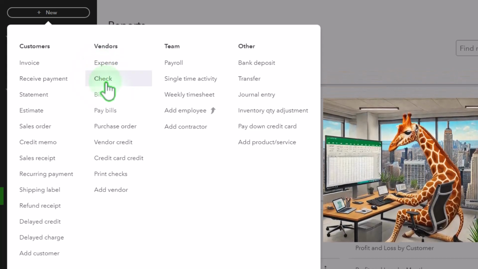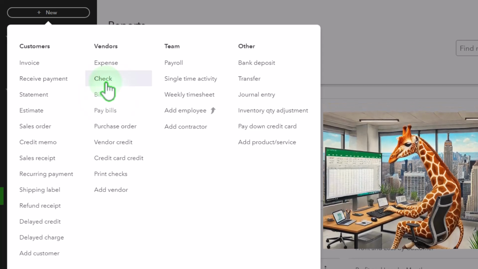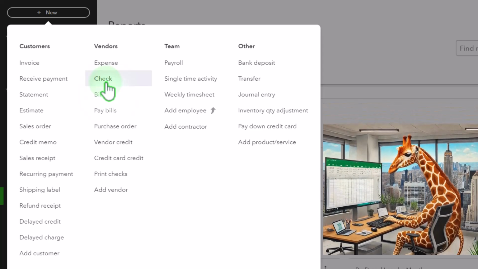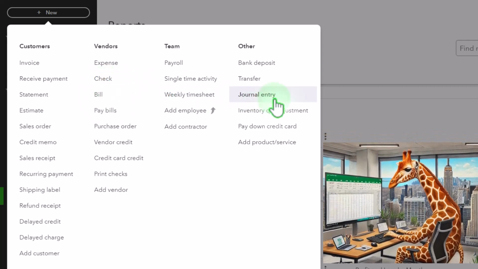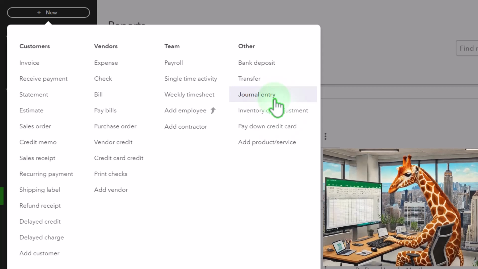But sometimes we're going to enter transactions that aren't normal. They don't happen all the time. And so there's not going to be a form for them possibly, and therefore we might have to default to the journal entry form.